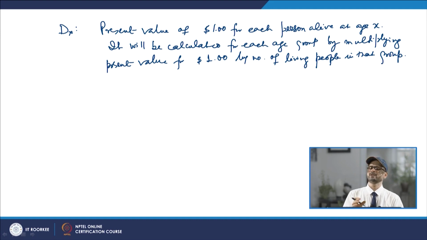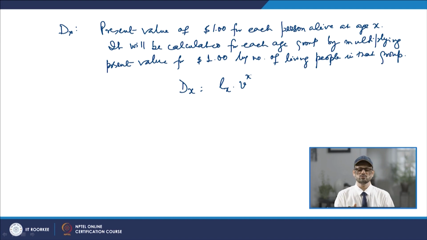So, you can define this Dx as Lx into Vx, where Vx is your present value of $1 for a certain age.